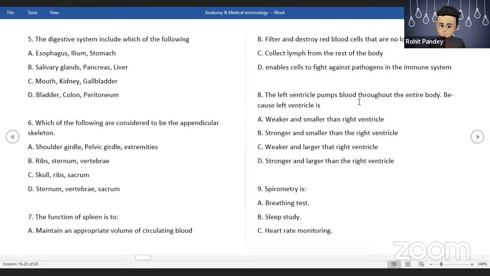The left ventricle pumps blood throughout the entire body because the left ventricle is: A, weaker and smaller than the right ventricle; B, stronger and smaller than the right ventricle; C, weaker and larger than the right ventricle; D, stronger and larger than the right ventricle. Yes, the answer is D, stronger and larger than the right ventricle.